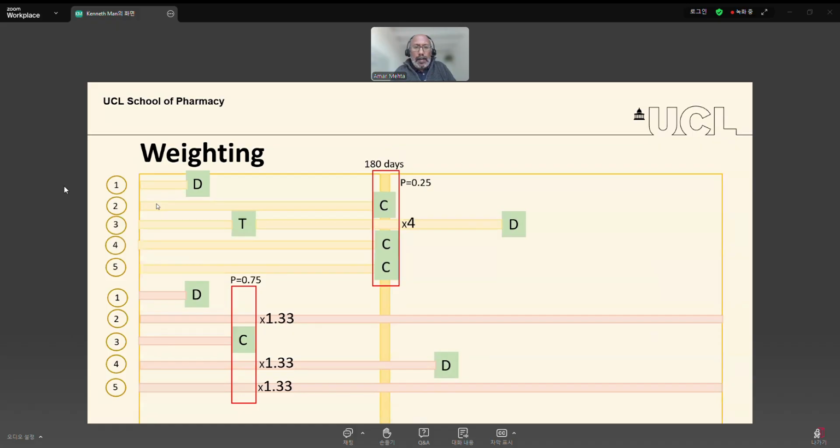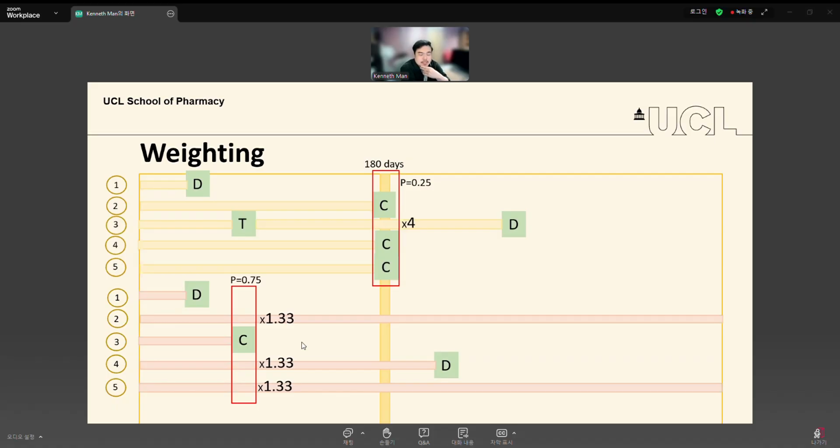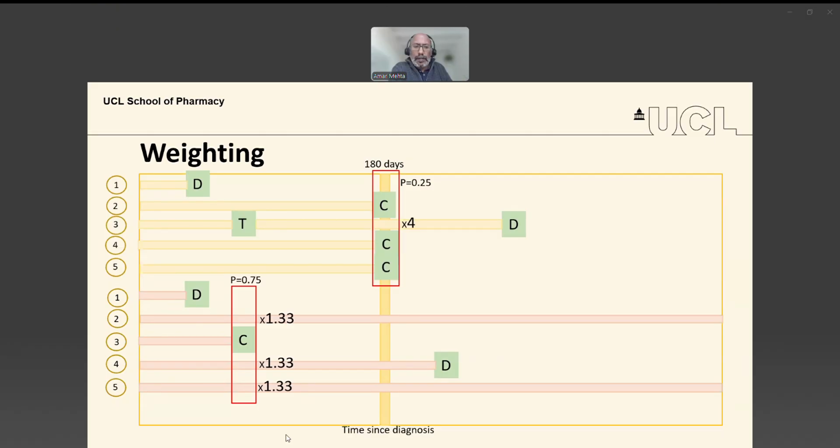So patient number one died, and because they died, they will be censored at that time, and we didn't build the weights accordingly. So that could apply to other censoring events. If the censoring event occurs in both of the copies, then perhaps it may not affect the selection bias. But if the censoring event only occurs for one of the cloned copies, then potentially you could build a censoring weight accordingly.